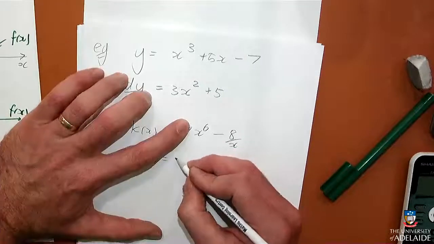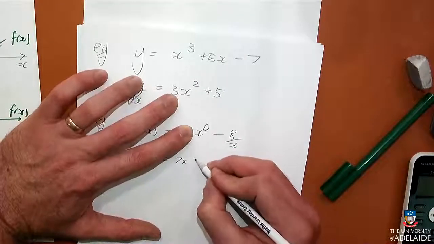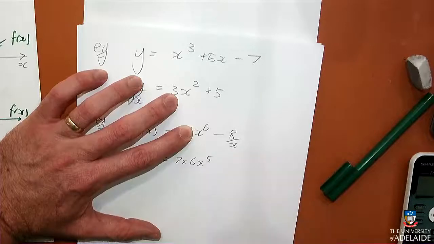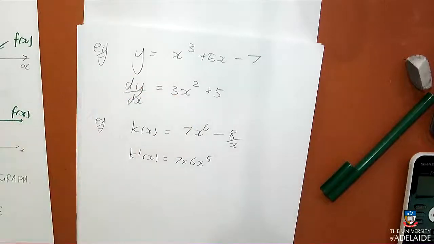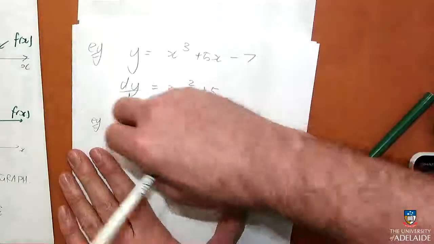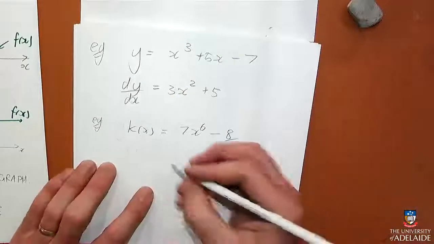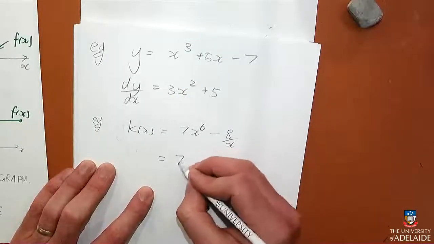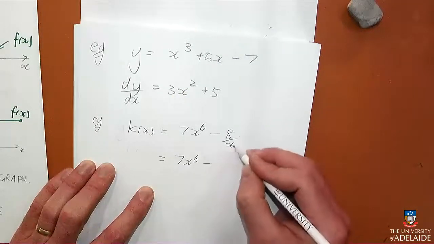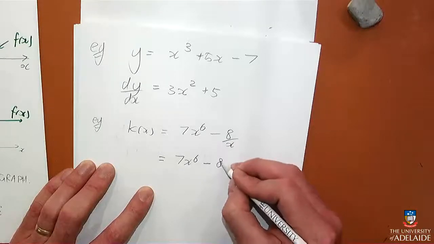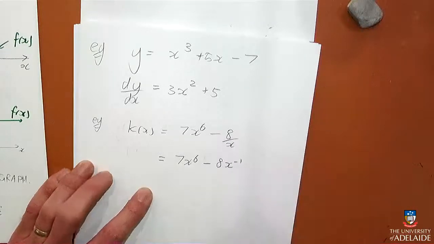So the 7 will still be there because it's multiplied on. The 6 will become 6x, and the 6 will go down to 5. Oh, poo. This would have been way easier if I had rewritten it as a power first. Okay. So this original thing is still equal to this, and 8 times 1 over x is the same as 8x to the minus 1.